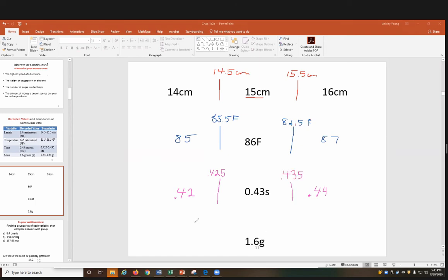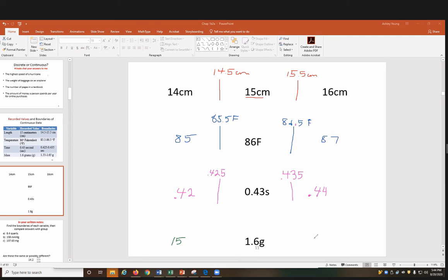All right, this one down below, you can do your own in a minute. I'm just doing some examples with you. So again, make this into a whole number, 16. In front of 16 would be 15. The number after 16 is 17. And then put in your decimal place. It goes after the 1.